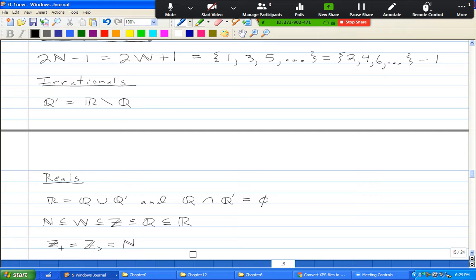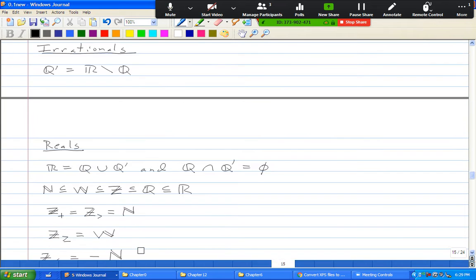The positive integers are just the natural numbers. So they're just the integers that are positive, denoted with a plus as a subscript, or with a greater than symbol as a subscript.